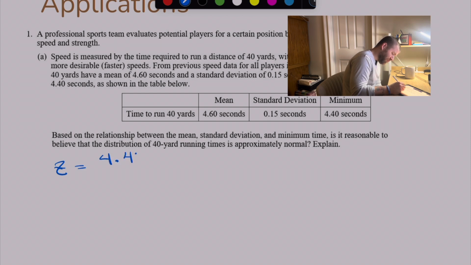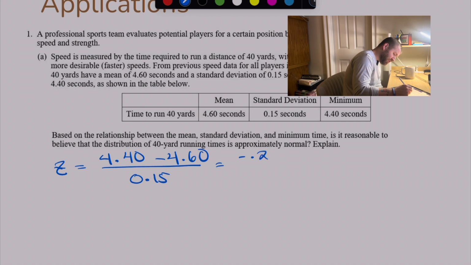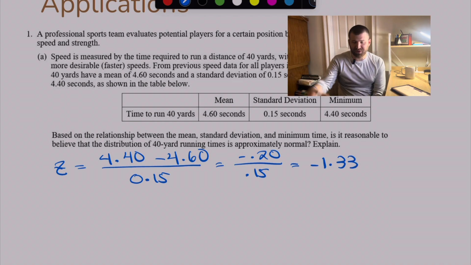So 4.4 is my value, minus 4.6, over my standard deviation of 0.15, which is negative 0.20 over 0.15, which gives me a z-score of negative 1.33333333 forever.